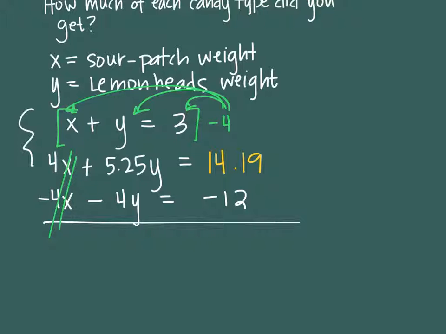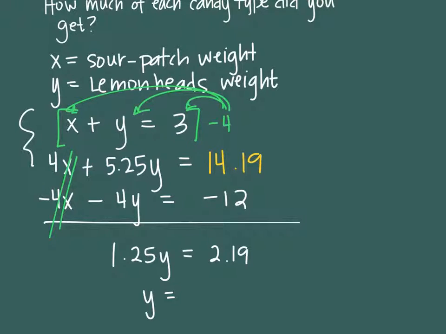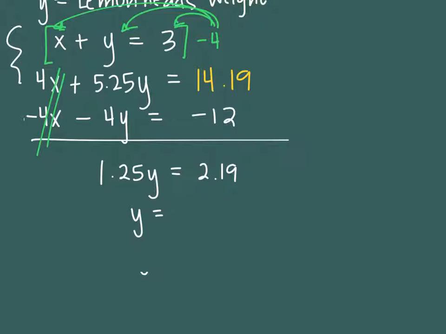The y's go from 5.25y minus 4y to 1.25y. And 14.19 minus 12 is 2.19. Which should then tell me how much of the y, which is the Lemon Head weight. Okay, so 2.19 divided by 1.25. Okay, that's 1.752. What are the units on this? Pounds.